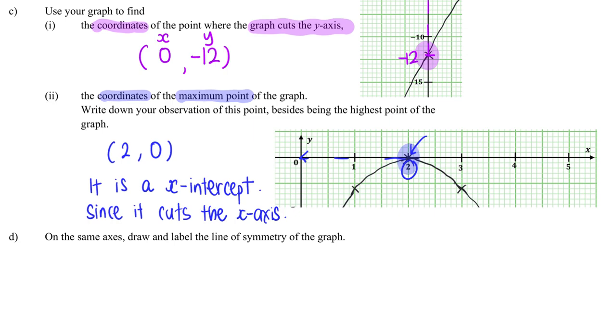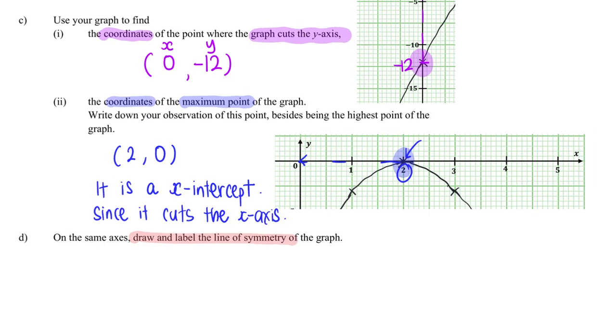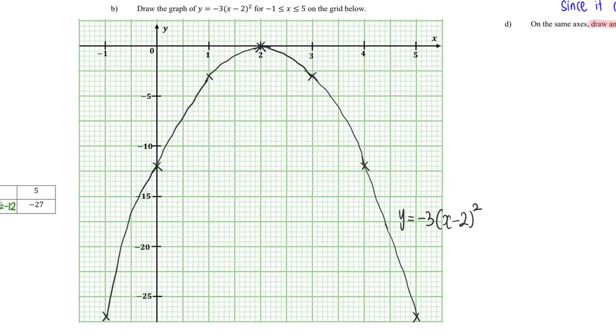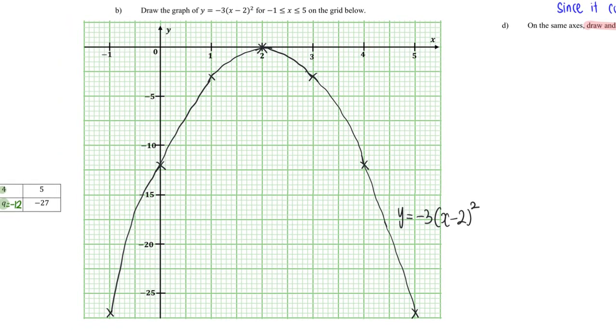Now, draw and label the line of symmetry on the graph. So I'm going to go back here. The line of symmetry also happens to be at the turning point, which is the maximum point, and it is a vertical straight line.